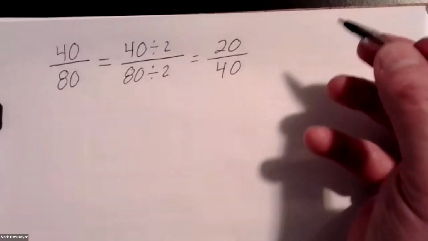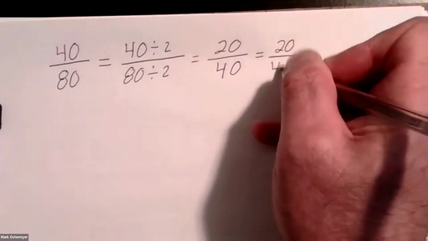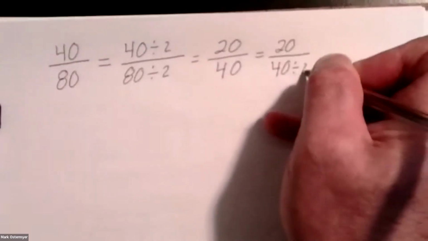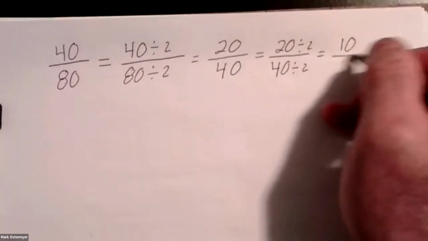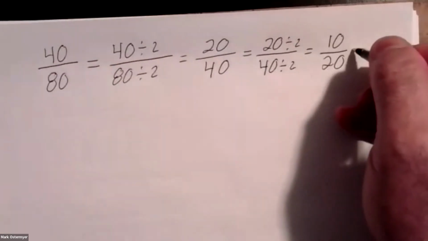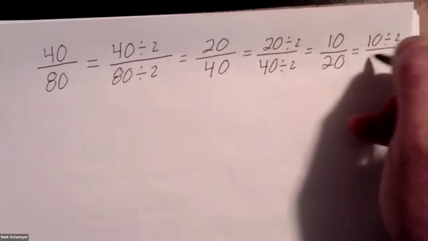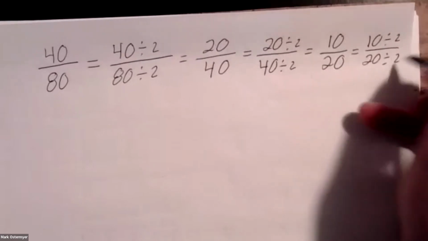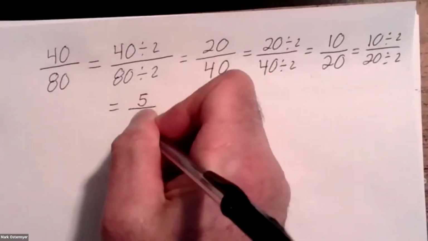Then we could go onwards. You could take this 20 over 40 and further what? Divide the numerator and denominator down by 2 again and crank out yet another equivalent fraction of 10/20ths. Isn't that true? You can do this again. You can take 10/20ths and divide the numerator and denominator down by 2 again and take it down to what? 5/10?